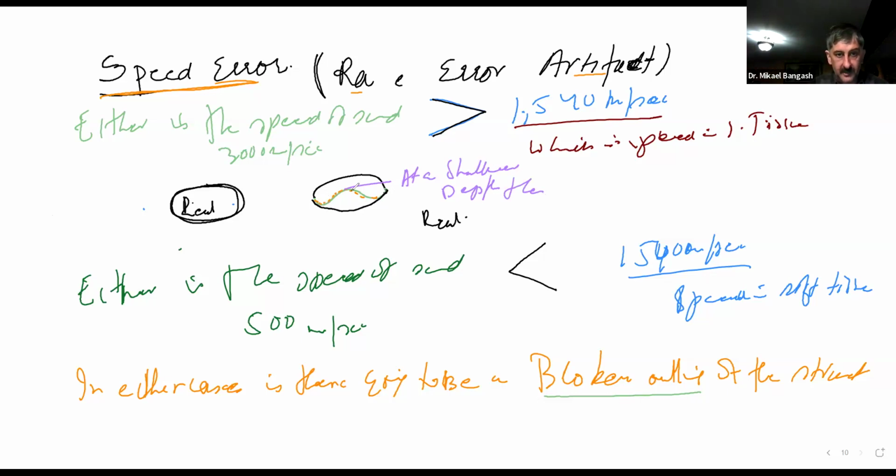Because these reflections produced here, since the sound travels faster, are going to be reflected back to the transducer at a shorter time. And what the system may wrongly perceive is as if this reflection was present at a shallower depth.